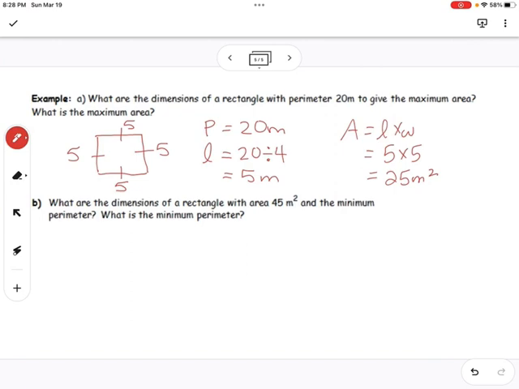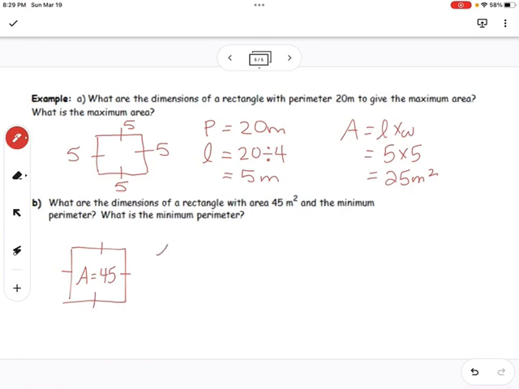And part B, what are the dimensions of a rectangle with the area 45 meters squared and the minimum perimeter? So again, since we want to minimize the perimeter, we will have a square once again. We know the area of this is 45, and we know that we want all sides to be the same.